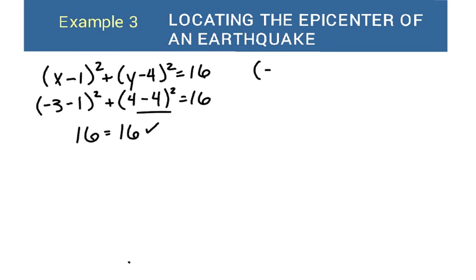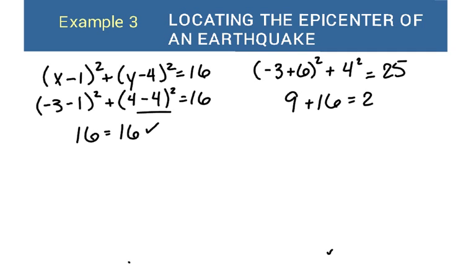Let's do station B. So (-3 + 6) squared plus 4 squared equals 25. Well, this gives me 9 plus 16, which does equal 25.